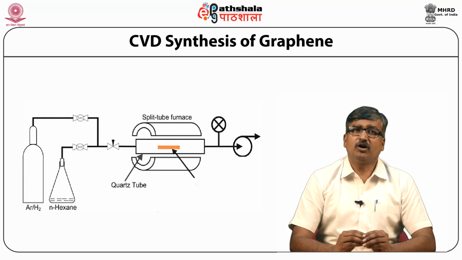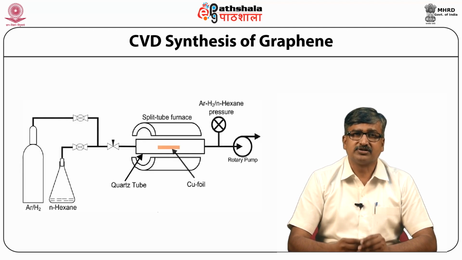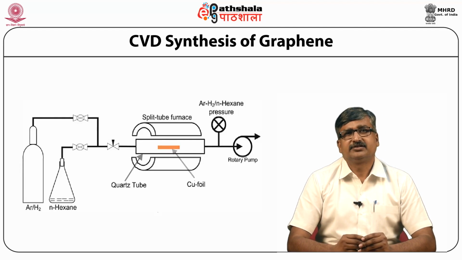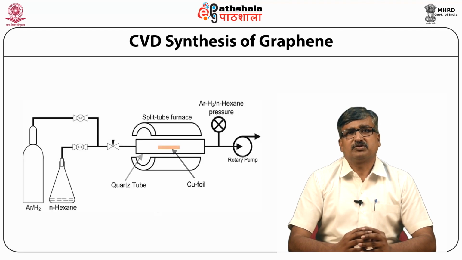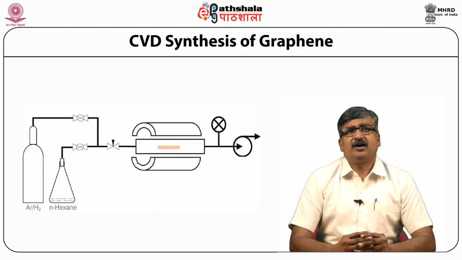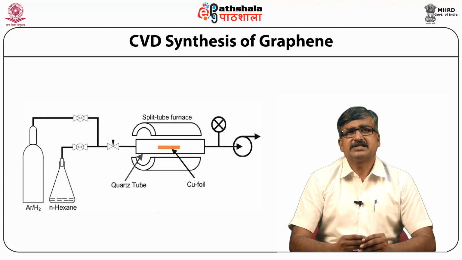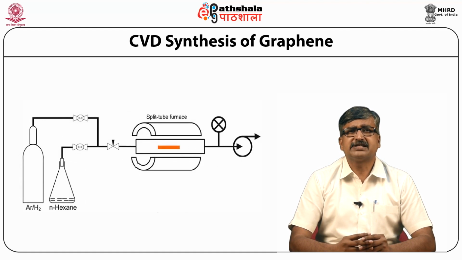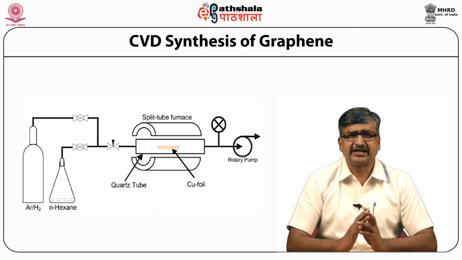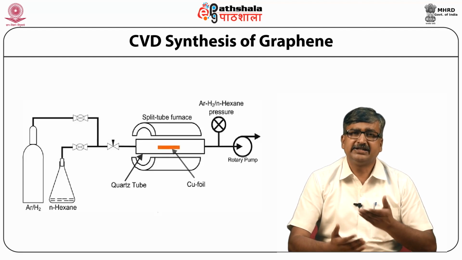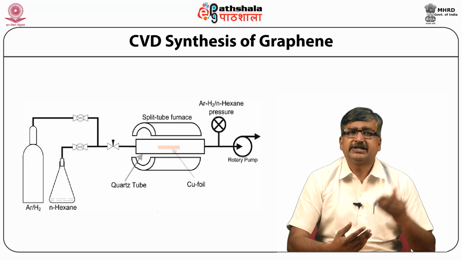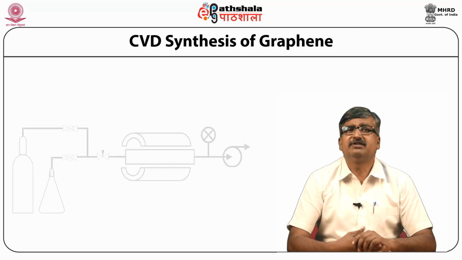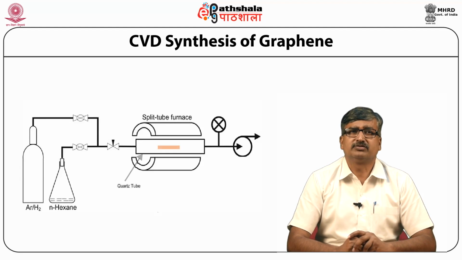Here, the copper substrate has been used, and the report of substrate selective growth of centimeter long, highly continuous single and few layer graphene film employing vacuum assisted chemical vapor deposition technique on polycrystalline copper foil using hexane as a novel liquid precursor has been shown.